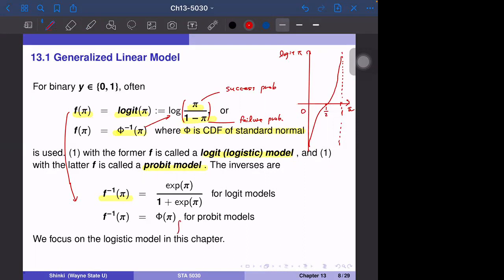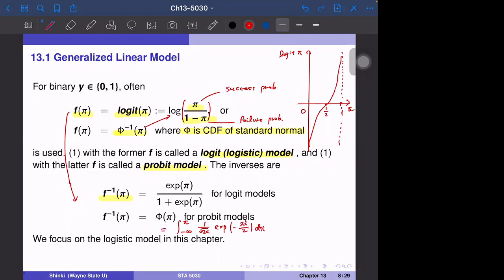This is the integral from 0 to pi of the standard normal density, 1 over square root of 2 pi, exponential of negative x squared over 2, dx.